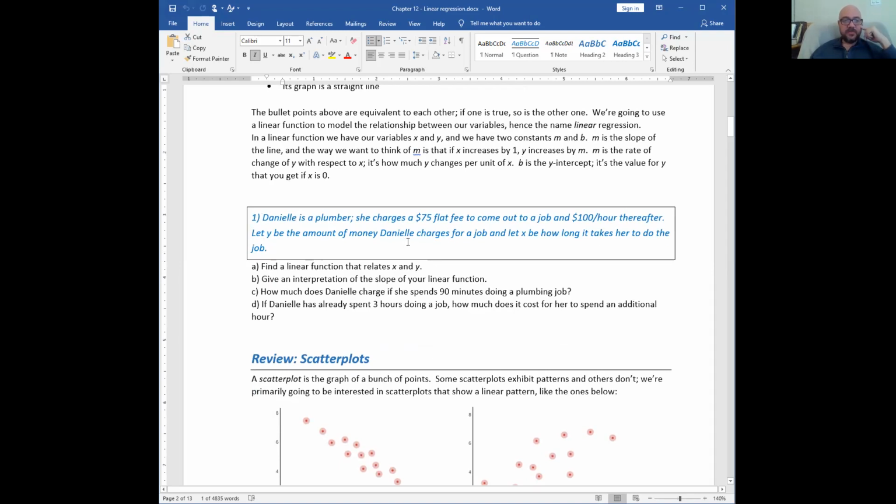Let Y be the amount of money Danielle charges for a job, and let X be how long it takes her to do the job. So in other words, X is time, and Y is how much she charges. It's probably not her actual pay. So there's a $75 flat fee and $100 per hour thereafter. Now, the easiest way to handle this is to make a chart.